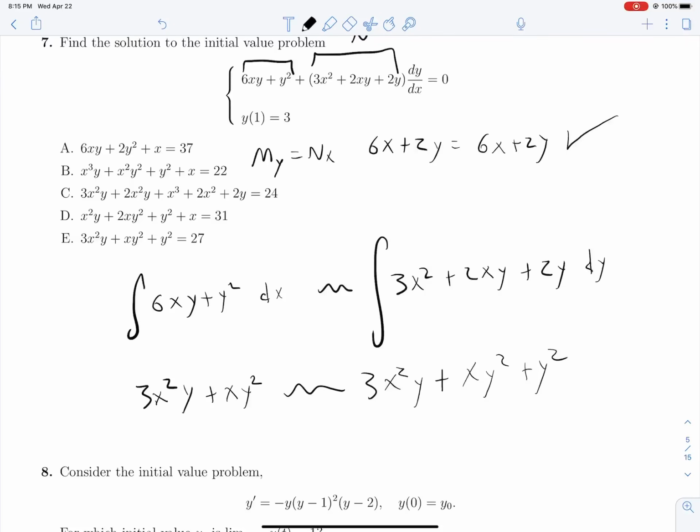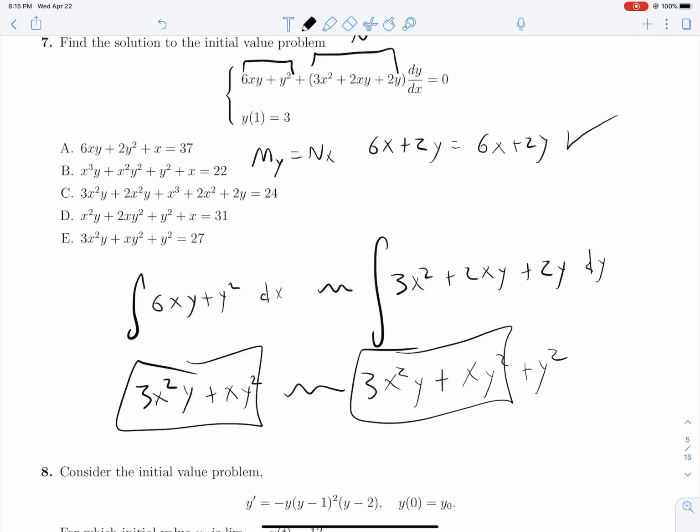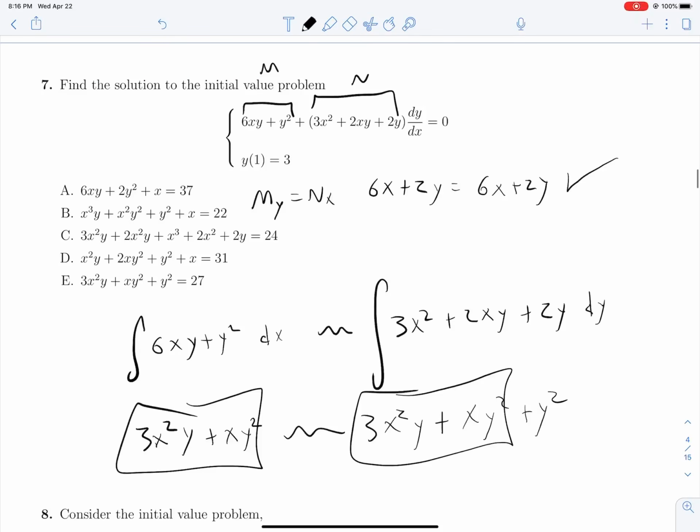So overall, we have these two terms which overlap in both of our integrals, so we only count each one of those once, and we can add in this y squared, and we'll have the function whose partial derivative with respect to x is m, and whose partial derivative with respect to y is n.